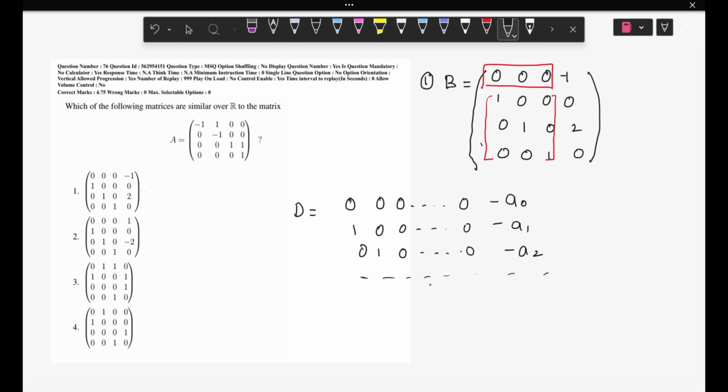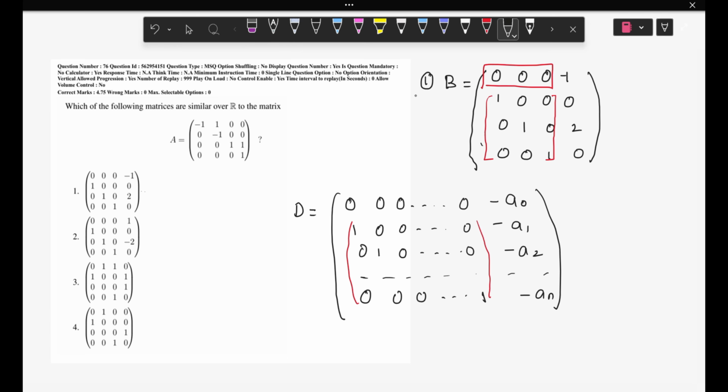In such a way, 0, 0, 0, 1, minus an. This is a general companion matrix. Now, if you look again, this is an identity matrix. Everything about the companion matrix is available on Wikipedia. You can check that. For a companion matrix, the characteristic polynomial and minimal polynomial are always the same. So for this matrix B, the characteristic polynomial is also its minimal polynomial.